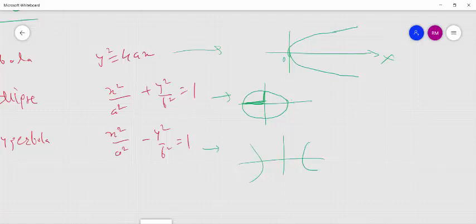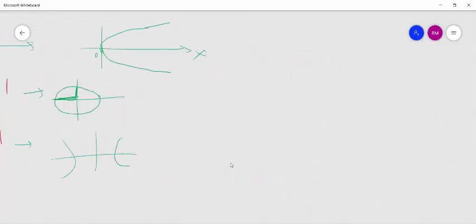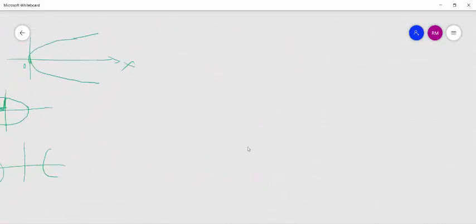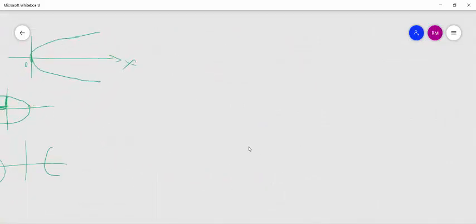It is not necessary that the center of the ellipse or the vertex of the parabola is always at the origin. Here the center is at the origin, but this figure may not be at the origin. Sometimes the parabola is at this position.